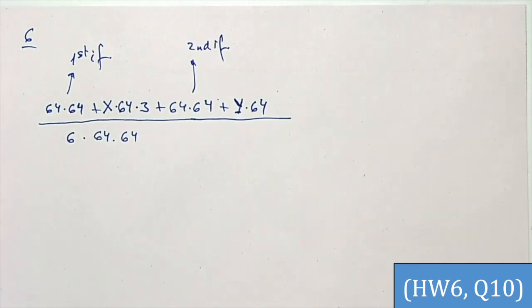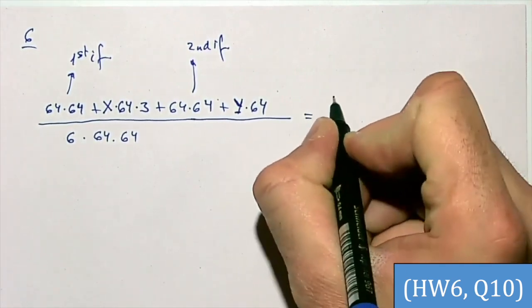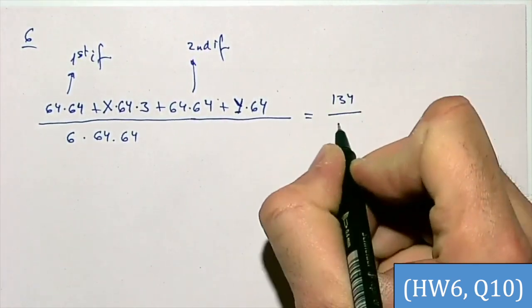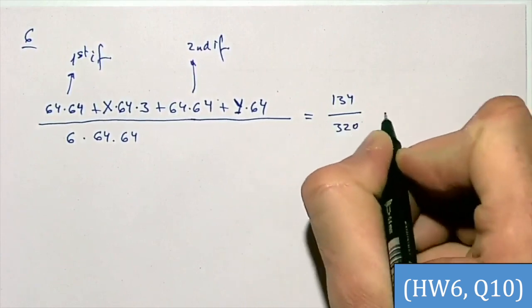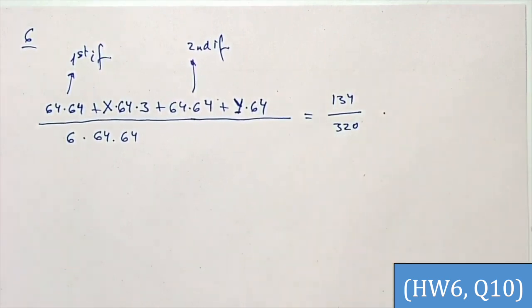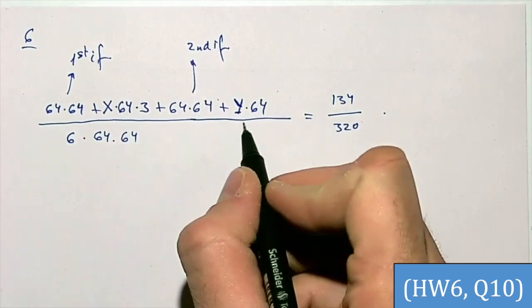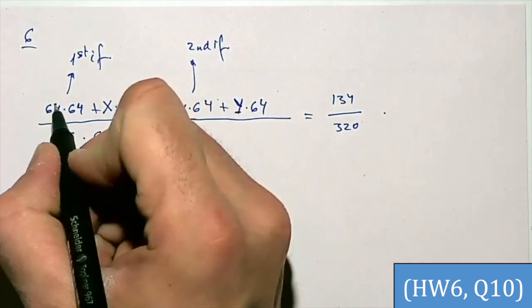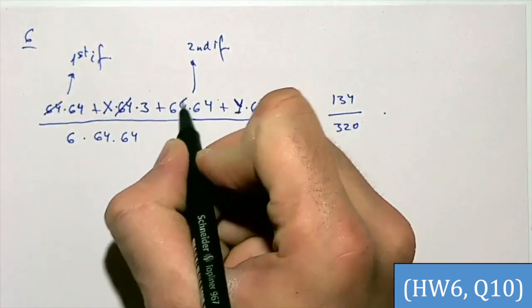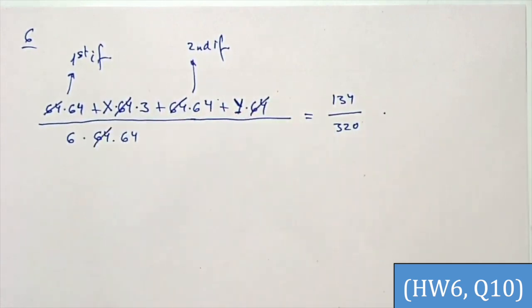And what the question says is that this is equal to 134 divided by 320. And now we have to think a little bit about the numbers that we have on the paper. If you look at this expression here, we can get rid of all these 64, right?